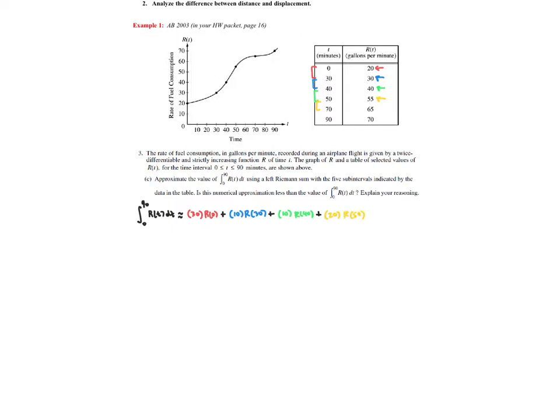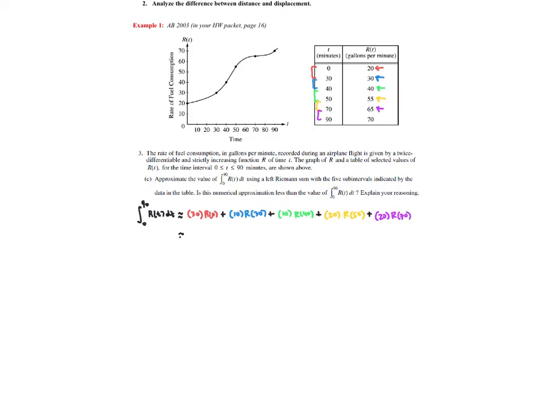I believe this is going to be non-calculator, so we'll get to that in just a moment. And of course, our fifth rectangle from 70 to 90, base length of 20 as well, times r of 70.